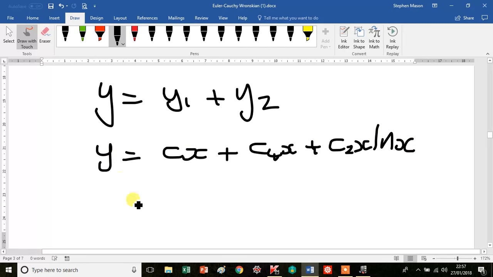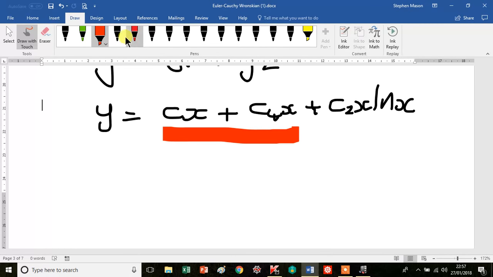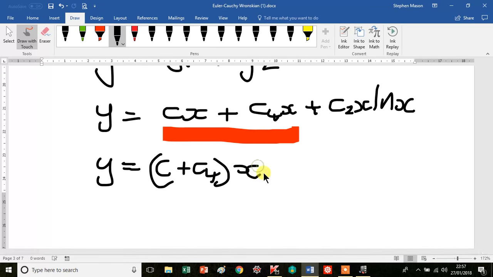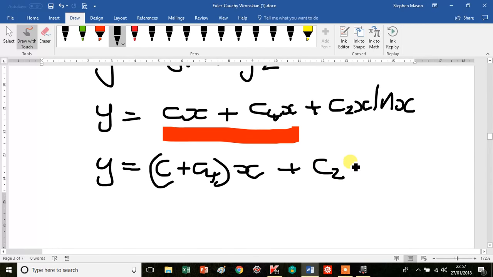Well, you will notice that in this equation, these two terms are pretty much similar, and you can take out the x factor. So you've got c plus c4 times x plus c2 x log x. Okie doke.